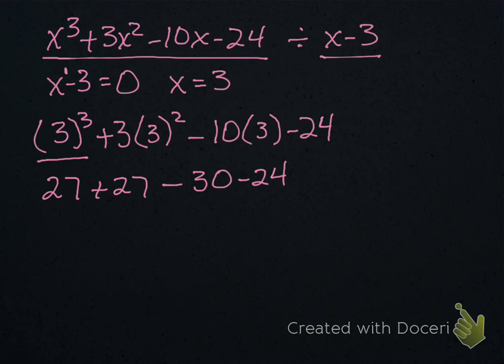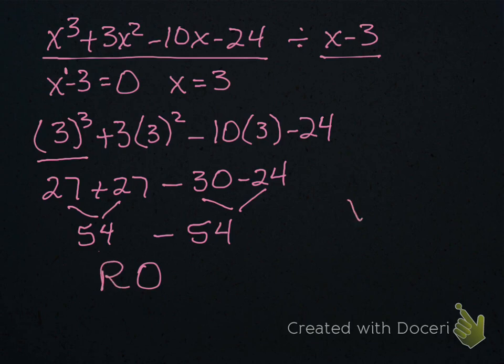All right. 27 plus 27 is 54. Negative 30 minus 24 is negative 54. So 54 minus 54 is 0. So I have a remainder of 0. So yes, x minus 3 is a factor of x cubed plus 3x squared minus 10x minus 24.